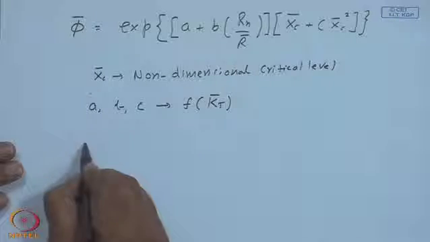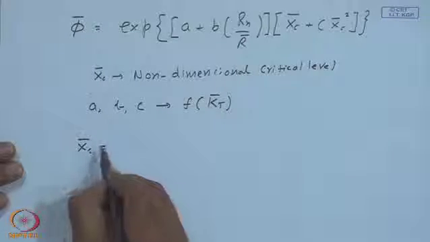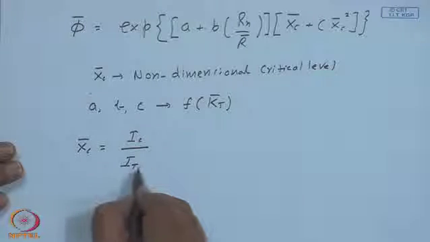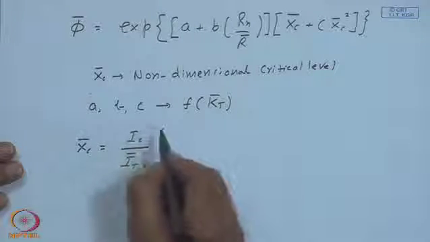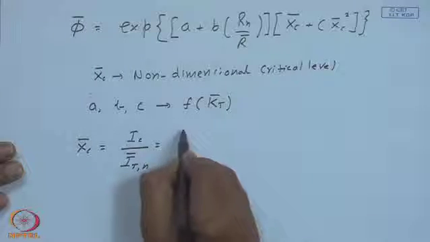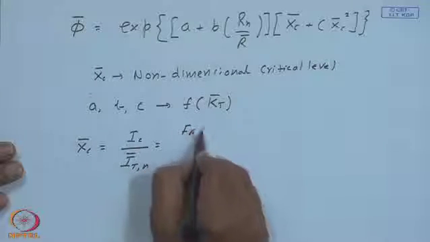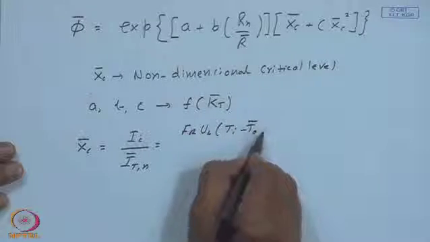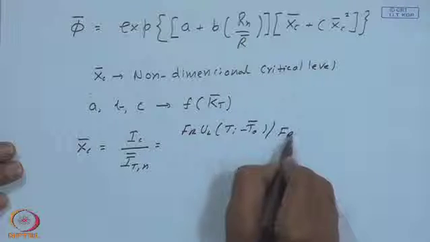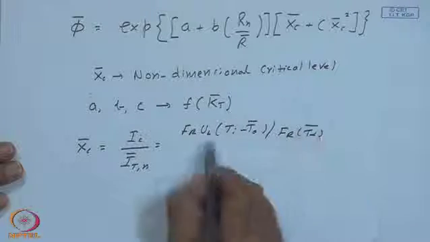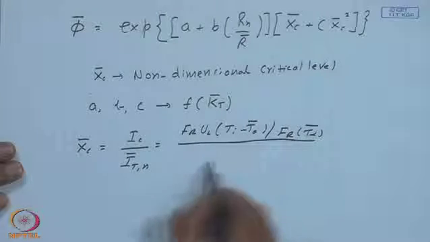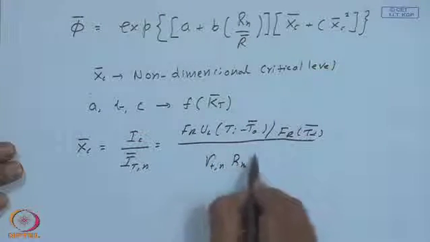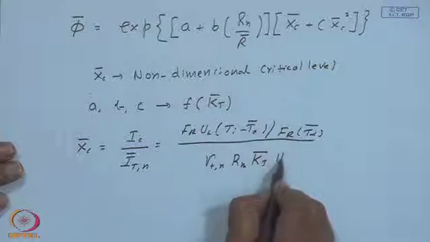This xc bar is defined as the critical level by It at noontime on the average day of the month, which shall be equal to Fr UL into Ti minus Ta bar by Fr tau alpha bar by RT n Rn Kt bar H0 bar.